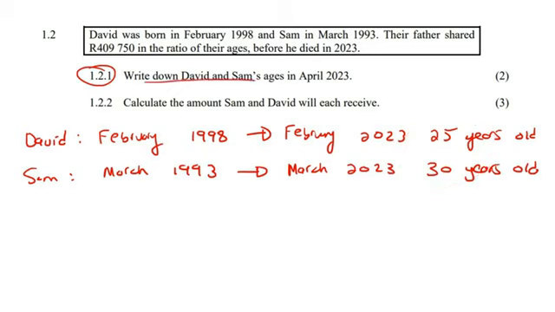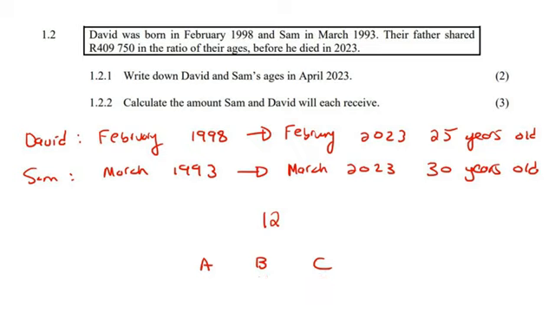Now, we've done that. This question says calculate the amount that Sam and David will each receive. So forget about this. Can you remember how to divide a number into ratios? For example, if I take the number 12 and I divide it between 3 people, Adam, Busi, and Calvin, and let's say Adam gets a ratio of 6, Busi gets 4, and Calvin gets 2.